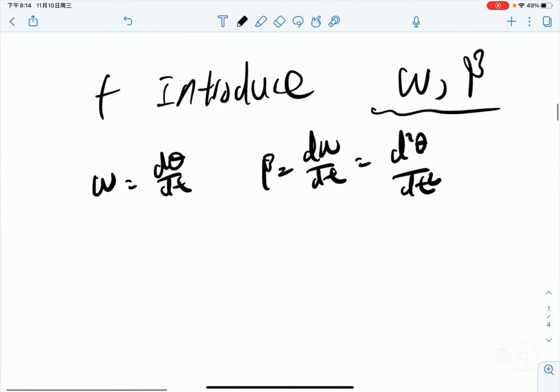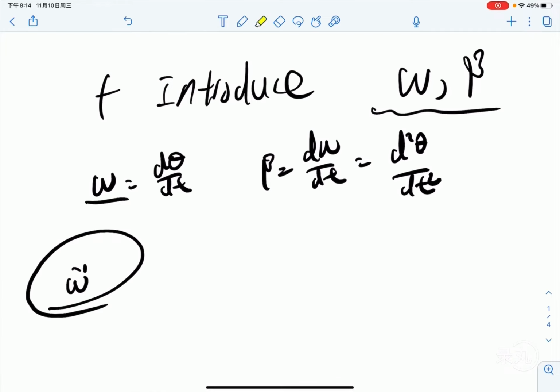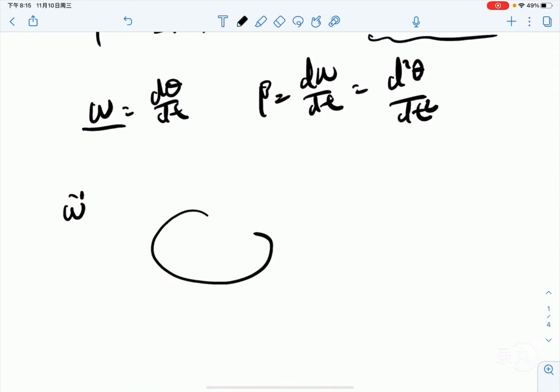And we define the direction of the omega vector using the right hand rule.